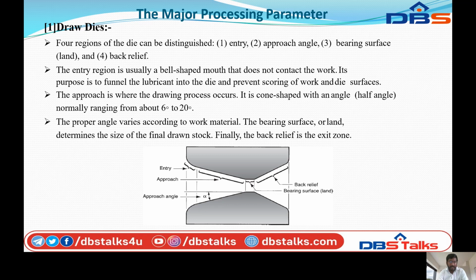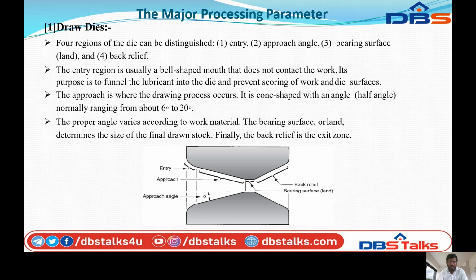When passing through the entry level, the die will be passing with some angle of approach. So the approach will be passing through the hole. So this is the bearing surface or land. Finally the back relief finishes the product passing through the dies.